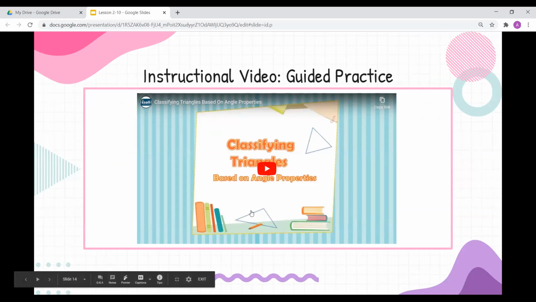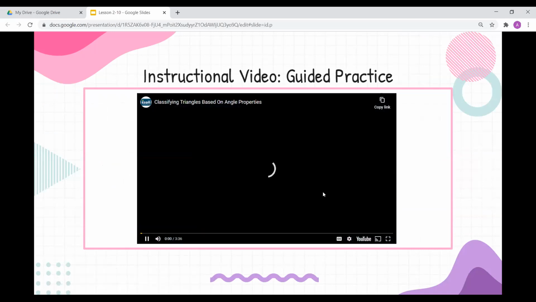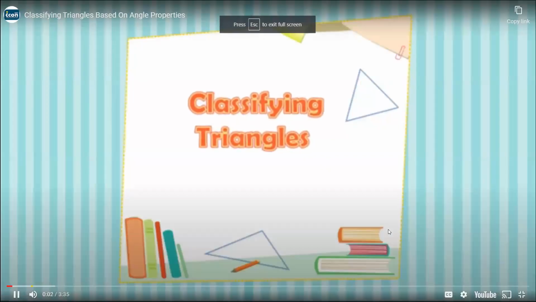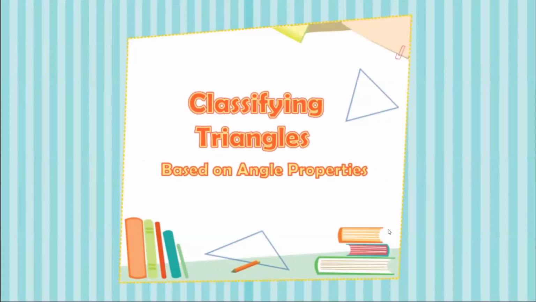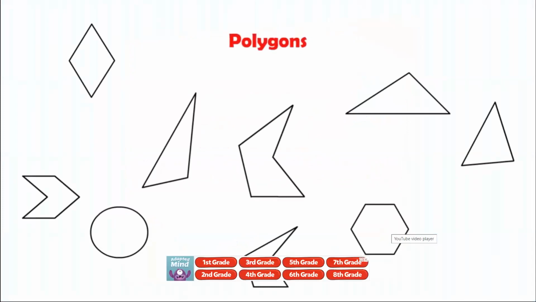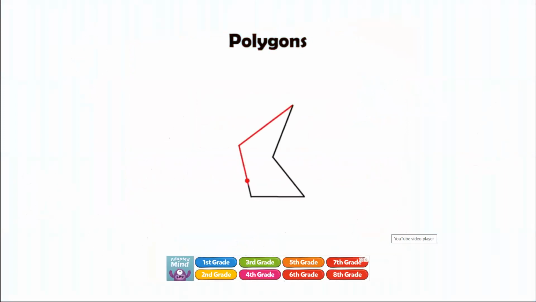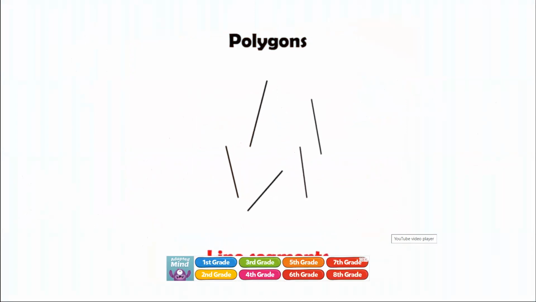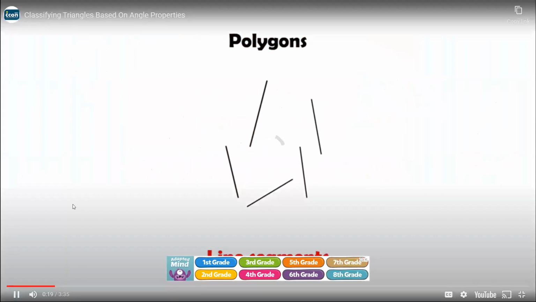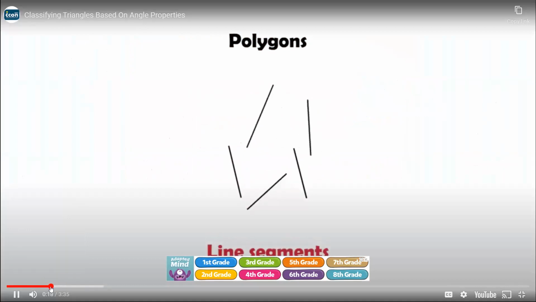Let's dive a little bit deeper into classifying triangles based on angle properties. Remember that a polygon is a closed two-dimensional shape made up of line segments only.